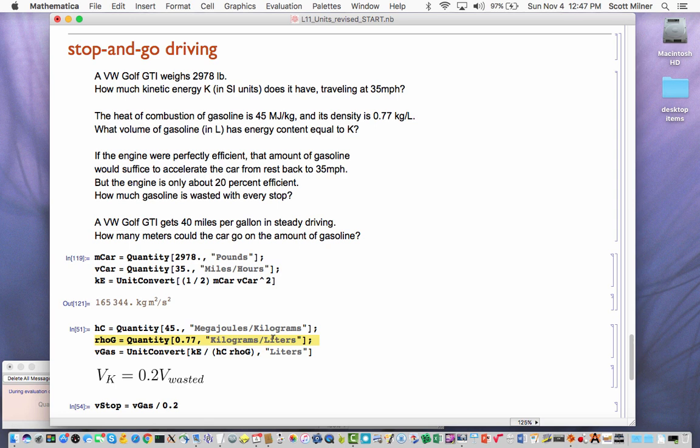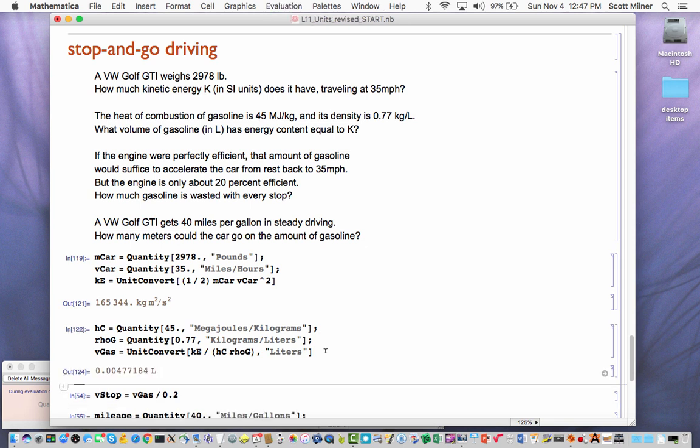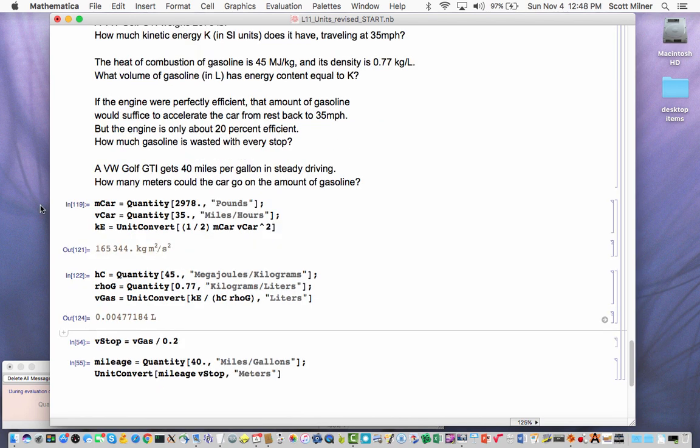So if I want to know how much gasoline, then what I need is the kinetic energy I'm trying to get divided by the number of megajoules per liter that the gasoline can produce in principle. And so that volume of gas in liters is quite small, 0.005 liters.